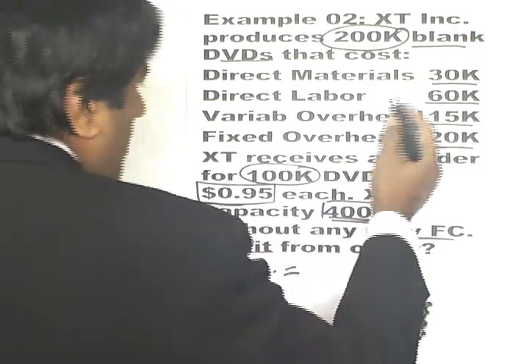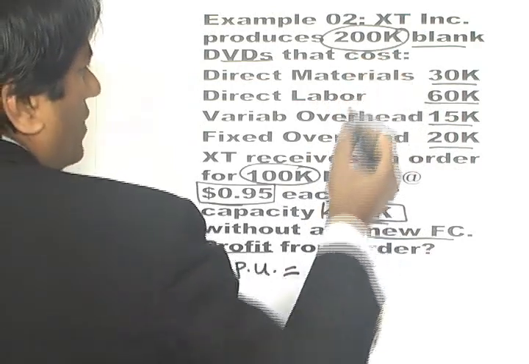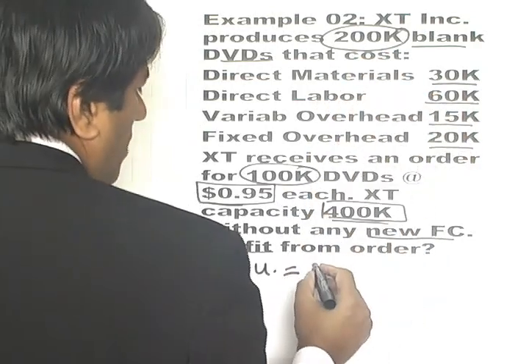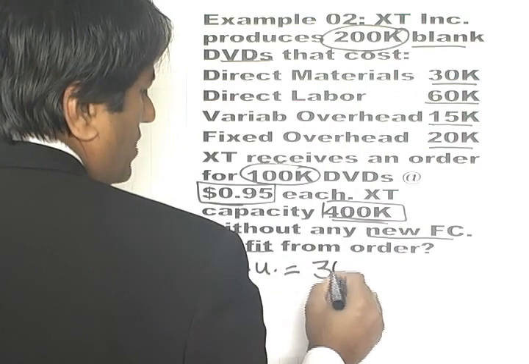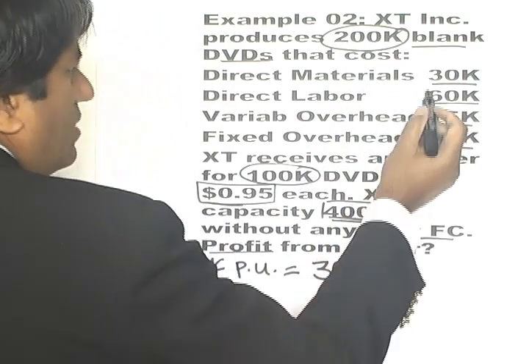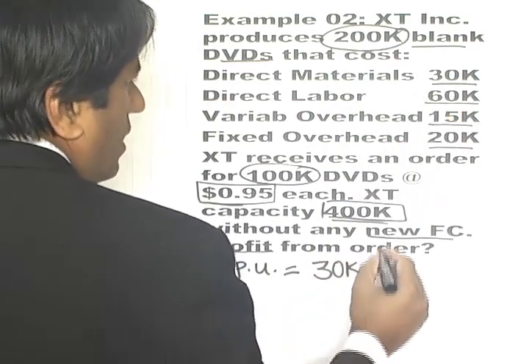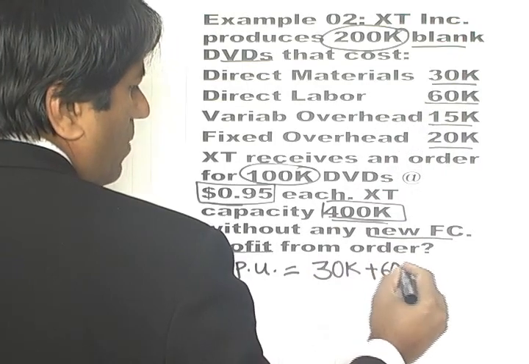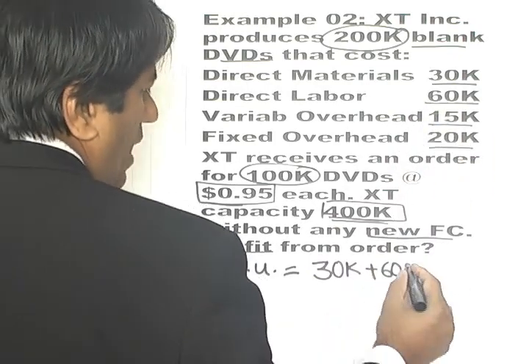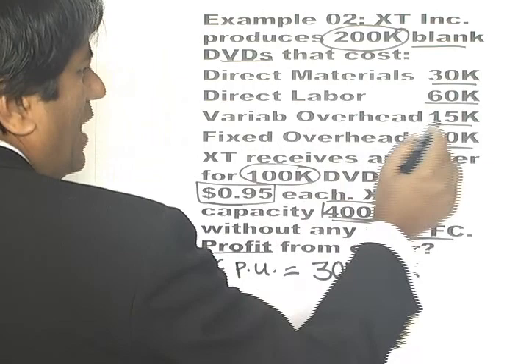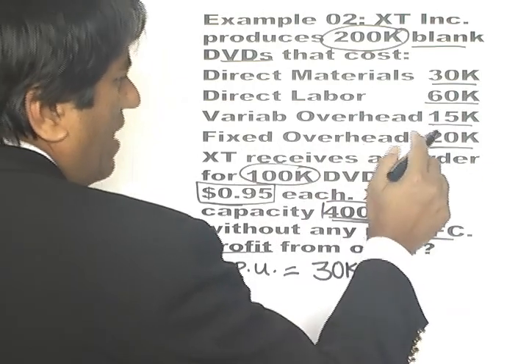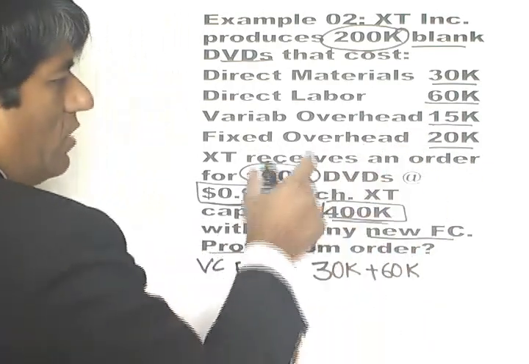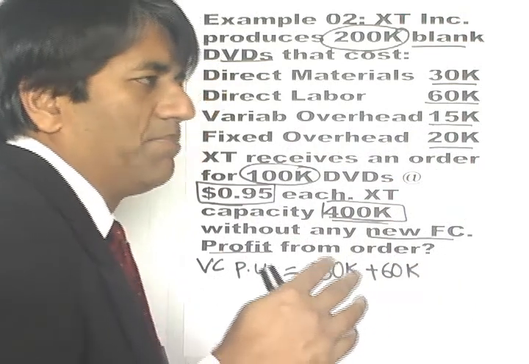The existing cost data tells you to produce 200,000, it needs 30,000 in materials, 60,000 in labor, and variable overhead, you'll take that into account, but not the fixed overhead, because we are looking for the variable per unit cost.